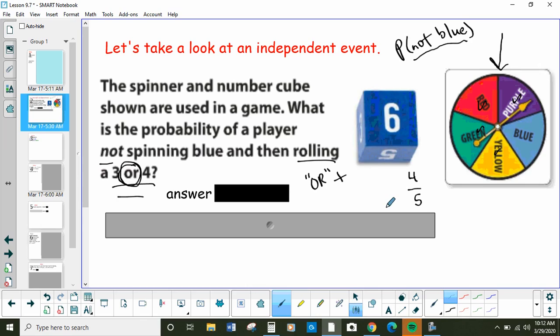So the probability of rolling a 3 for a number cube: there's 1 three, that's desired, right? And there's 1 four. Excuse me, I wrote that incorrectly. Sorry about that. I wrote there is 1 three, but it's 1 three out of 6 sides. You're supposed to put the total on the bottom, not the number 3 on the bottom. Do you guys see my mistake? There's 1 three out of 6 total.